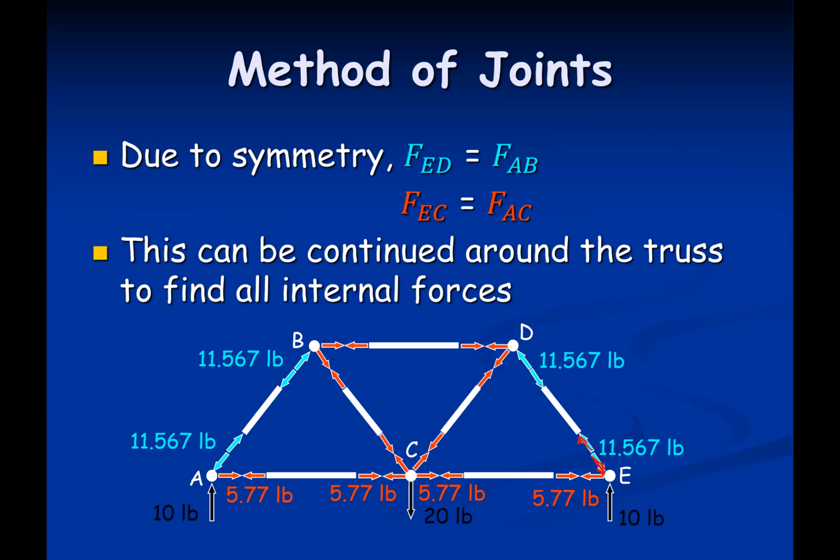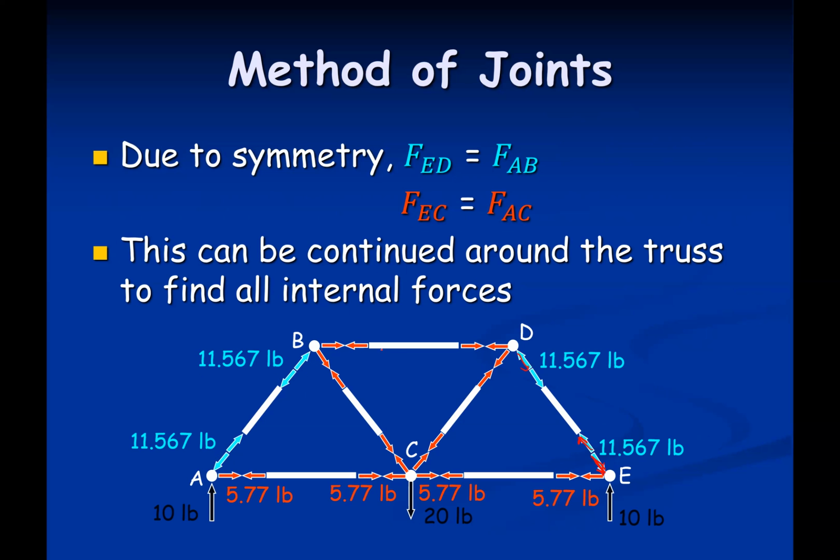These all have to be equal to one another. So then that means this is also equal to the 11.567. Action, reaction, we can keep going around and taking a look, and you'll see that that same force is all the way through because of symmetry. So FED is equal to FAB on this side, right?